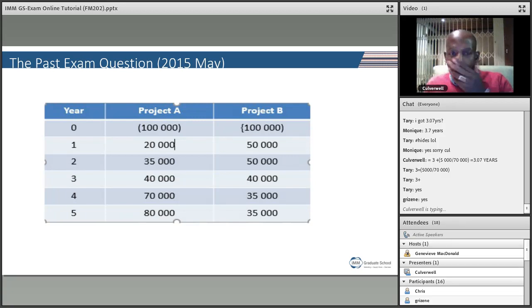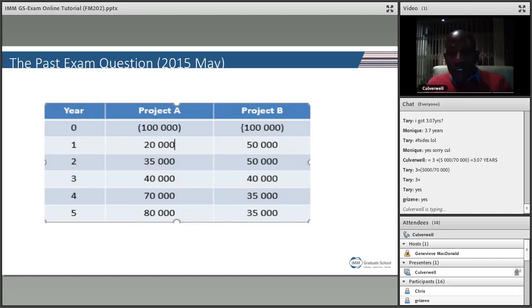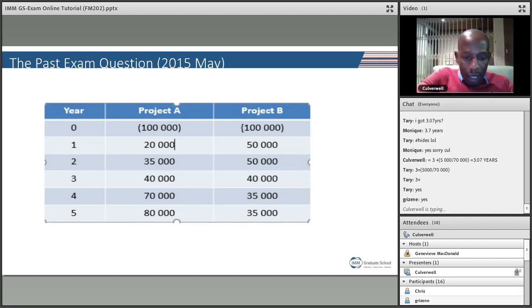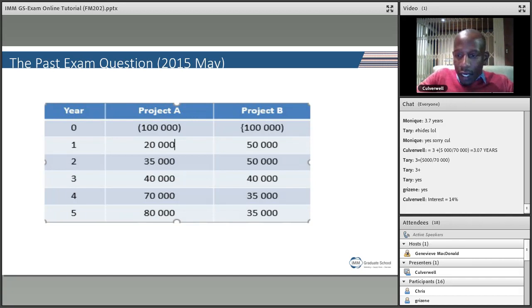I'll then move on to NPV. Remember my interest there. Your interest, it is 14%. Can you calculate the NPV and also calculate the internal rate of return for project A and project B? So use the interest of 14%. Those are your expected cash flows.